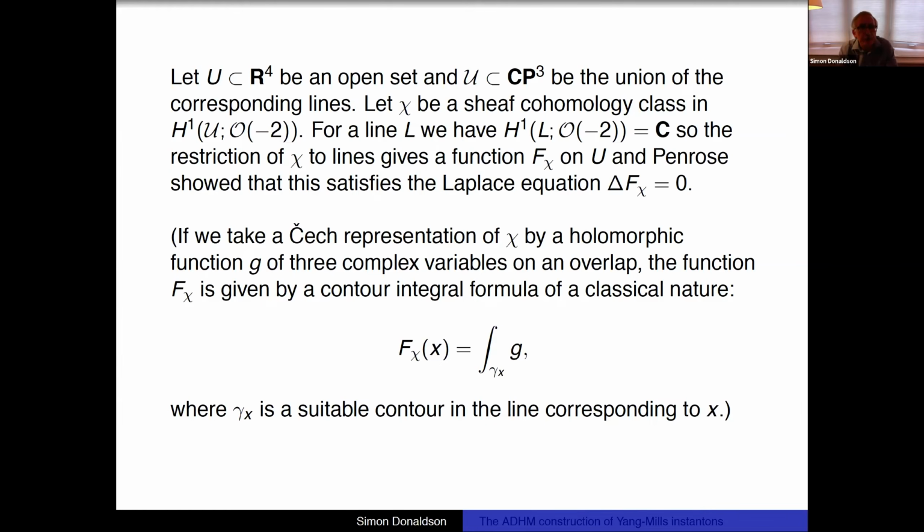And if we take this Penrose construction, if we represent our H1 class in terms of Čech cohomology, so we have a holomorphic function of three complex variables defined on an overlap of two domains of a suitable kind, then you find that explicitly the corresponding harmonic function would be given by a contour integral of our holomorphic function around a suitable family of contours, a formula of a classical nature.